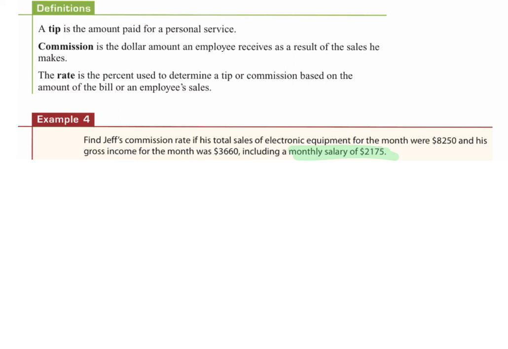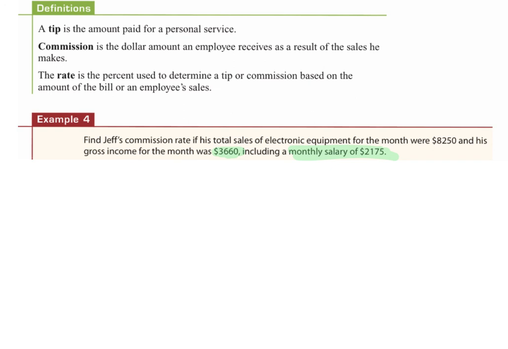We know that he made more than that. So we know he made $3,660, and his regular amount was $2,175. So how do we figure out what his commission was? If we know his gross was $3,660, but they pay him automatically $2,175, how much of that should be commission? How do I find it? Subtract. Yes.